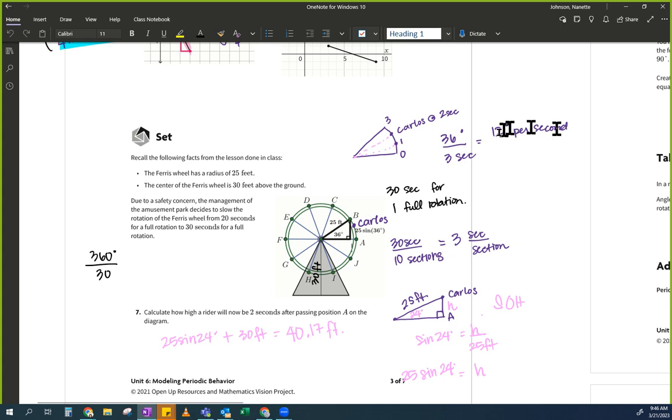Does that look familiar? Yeah, it's right here. Right? And once you knew it was 12 degrees per second, I want to travel for 2 seconds. That would have been 24 degrees, right? So here is an alternative way for you to do these 2 things together. But if you think about it, these 2 things are the same thing as this.